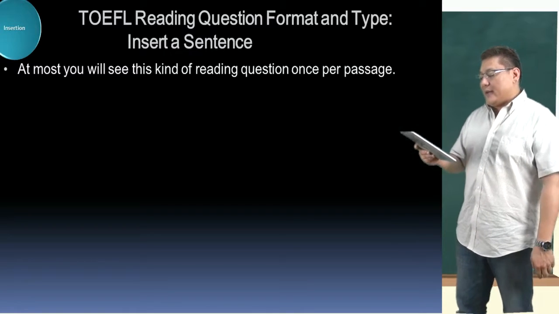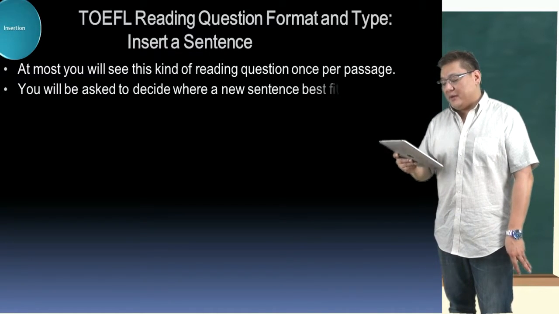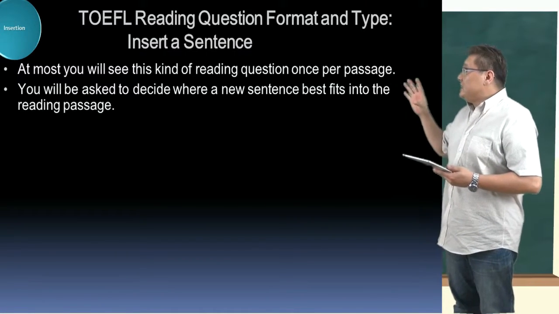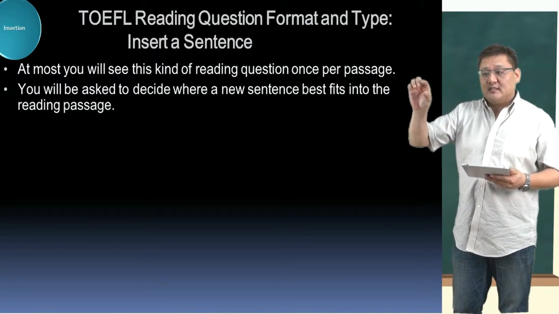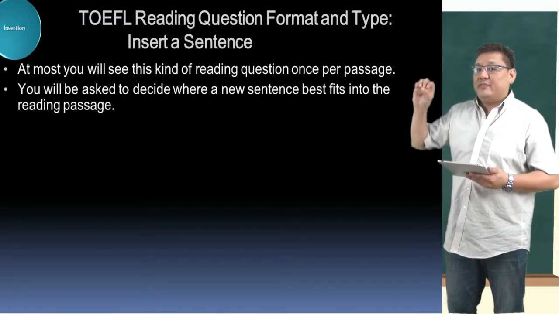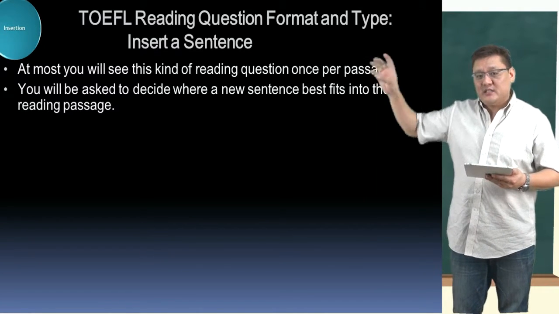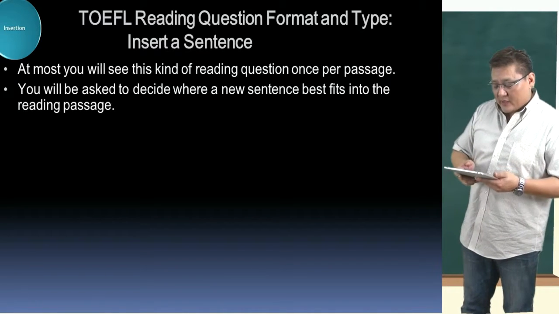You will be asked to decide where a new sentence might best fit into the paragraph. Okay, so what happens is 이 자체 안에서는 어떤 센텐스 하나 줘. 이 센텐스 갖다가 어디서 제일 잘 맞느냐 하고 거기 어디 제일 끼워 넣으면은 제일 말이 잘 됐거든요. 그를 의견 찾는 거야. Okay?